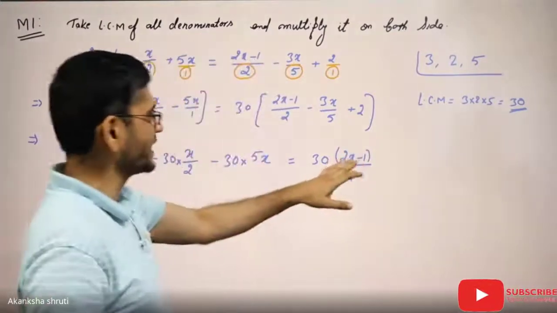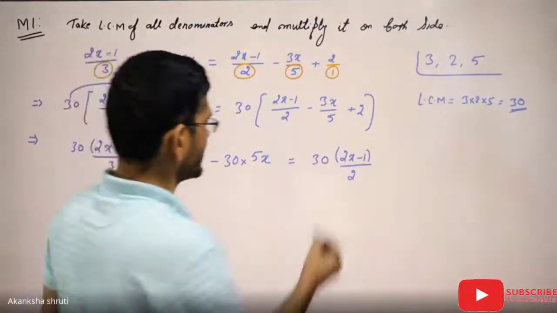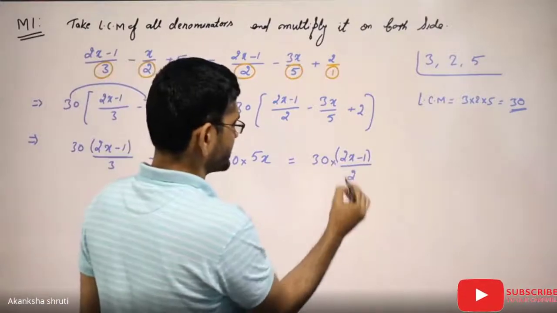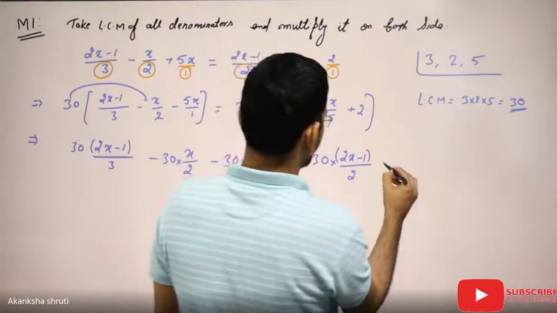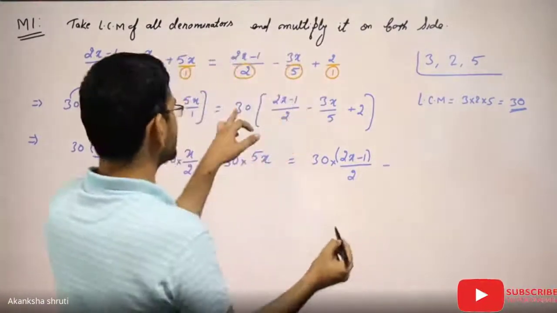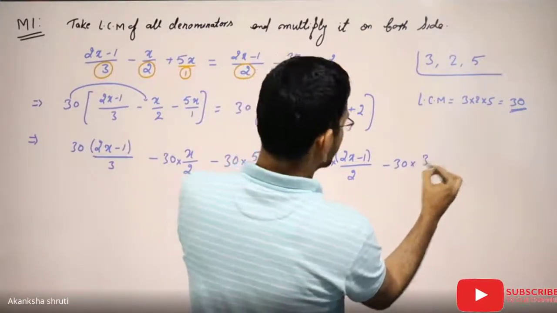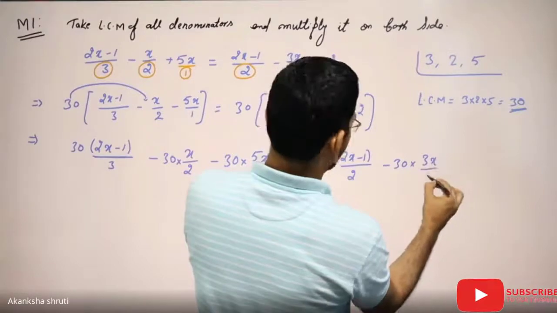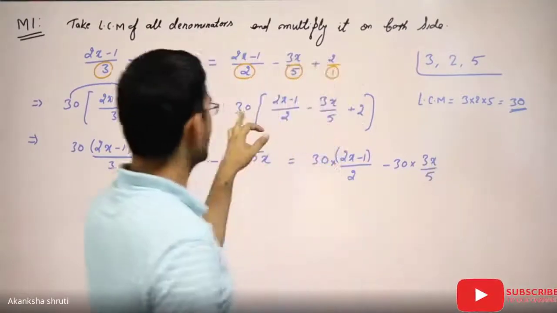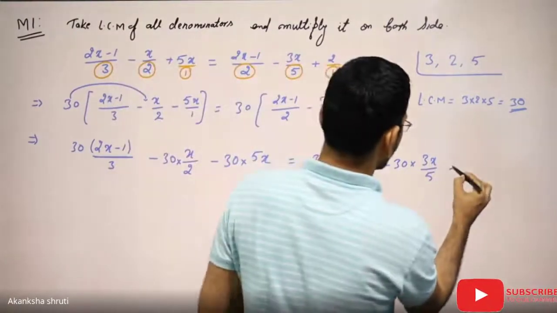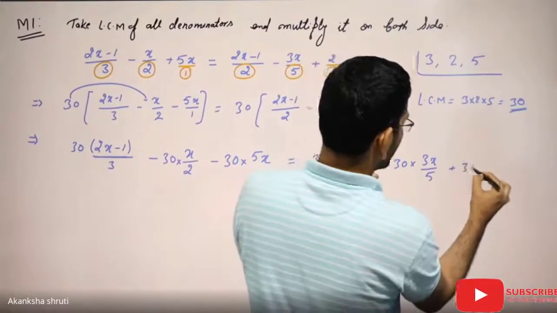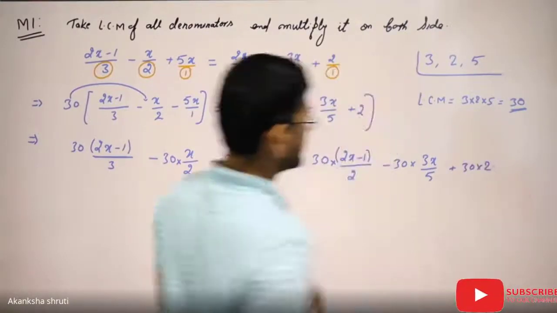While putting it into a bracket, we can leave the multiplication sign, or if we wish, we can put it here. Minus, this is 30 multiplied by 3x by 5. Again, plus 30 multiplied with this 2.